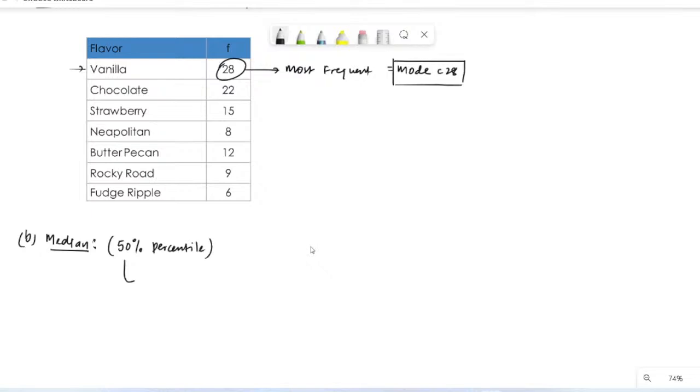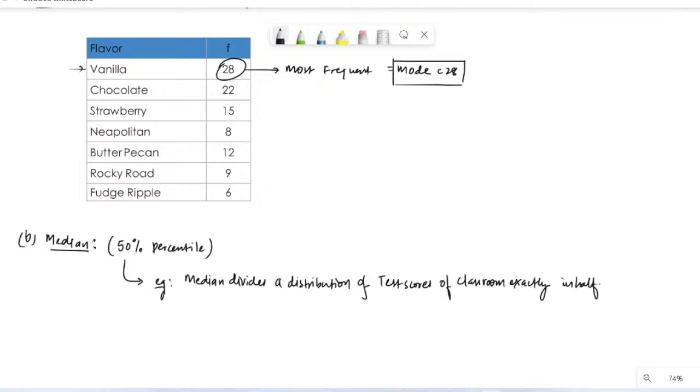If you are learning about the distribution of the data, for example, the median divides a distribution of scores, I'm talking about the test scores of a classroom, exactly in half. Exactly in half. That's why it is called the 50th percentile.